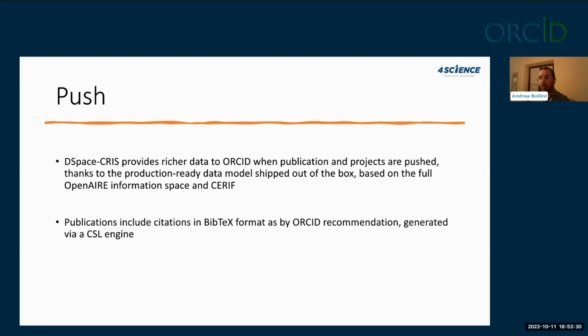And this information is transmitted to ORCID. Moreover, DSpace-CRIS embeds a CSL processor engine that allows us to generate BibTeX format for the publications that are sent to ORCID. So we include in the publication sent to ORCID a structured citation in the BibTeX format.